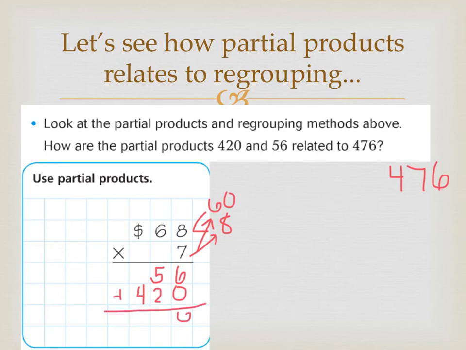And when I add those together, I still get 476. If I look at my partial products, I can see my regrouped 5 from my regular algorithm here in the tens place. And when I add 5 plus 2, I get 7. So my 42 plus my regrouped 5 gives me that 47.